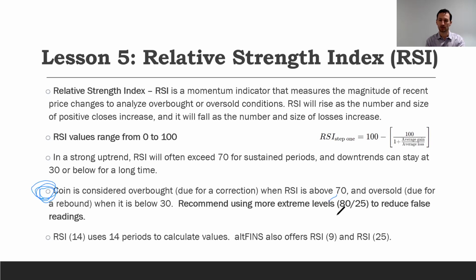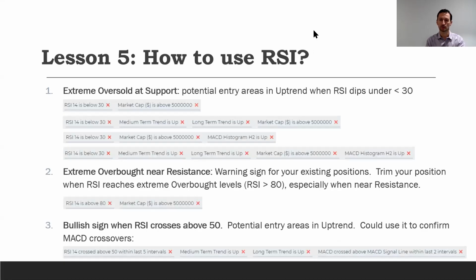For coins in an uptrend, 80 or higher is really overbought for me, while for coins in an uptrend, when they dip below 40 is your opportunity, and they're oversold. We covered RSI 14 versus RSI 9 and 25, so I don't need to cover that. Let's jump into practical use cases for RSI strategies and build some screens or custom filters.